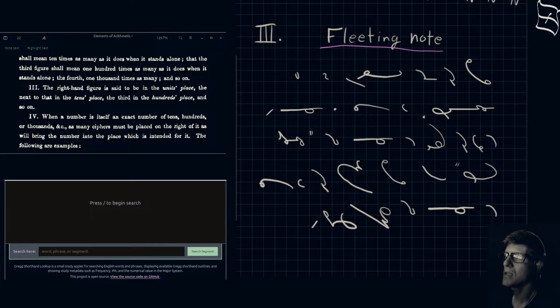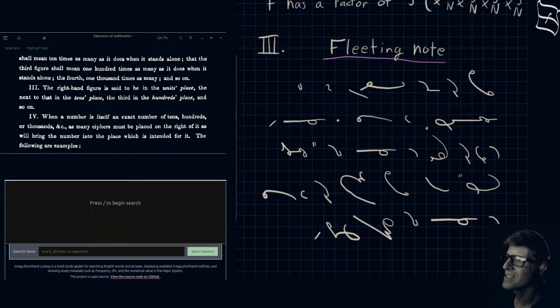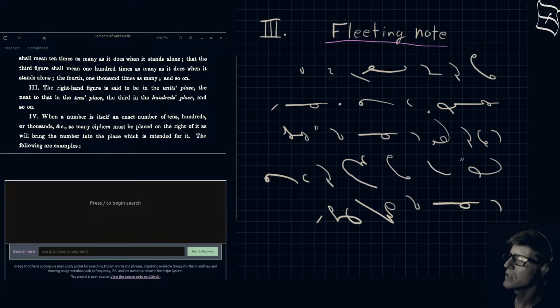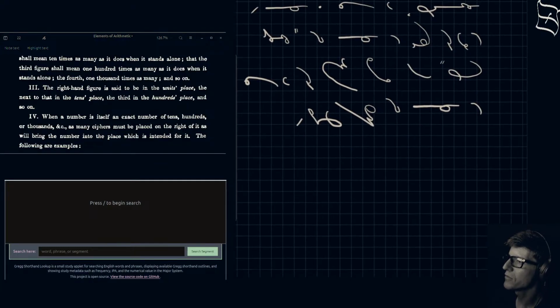And that's key because if you read through paragraph 3 of Augustus de Morgan, then you see that every position bears the name of the factor. There's the tens factor, the hundreds factor, the thousands factor, the 10,000s factor, the 100,000s factor, and so forth. Okay? So that is the takeaway from the number 3, and that would be the fleeting note.